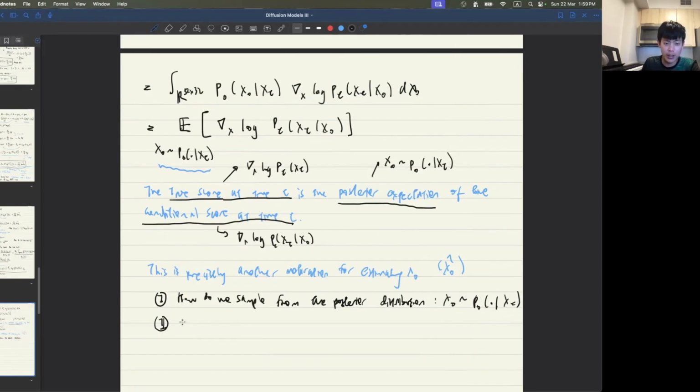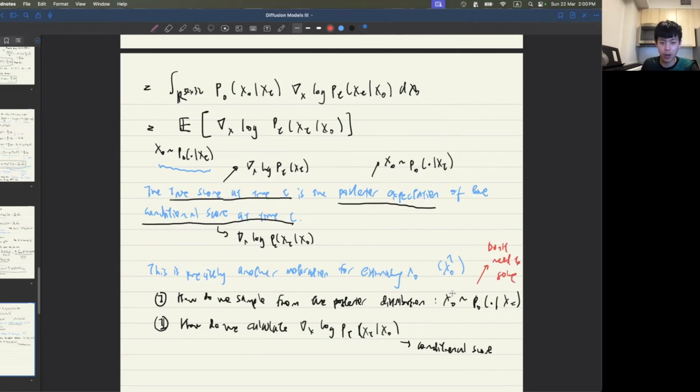The second question is, how do we calculate the derivative of log pt xt given x0, right? How do we calculate this conditional score? Let me just give the answer. So actually, problem one is a problem that we don't need to solve, which is very nice. And we'll see this later on. So don't need to solve.